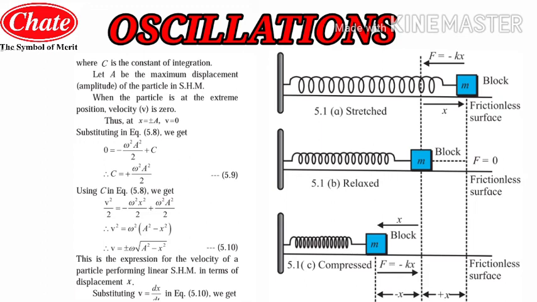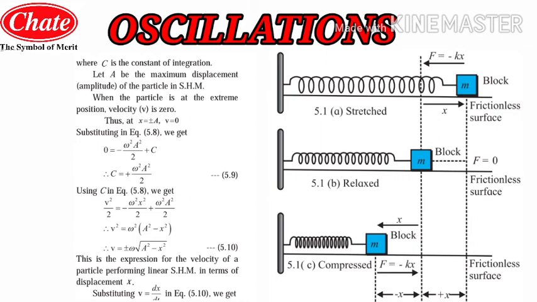Thus x will be plus minus a, which is the displacement, and the velocity will be 0. Thus we can rearrange the equation: 0 is equal to omega square into a square upon 2 plus c.